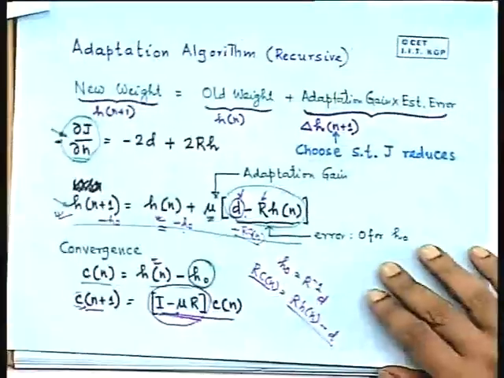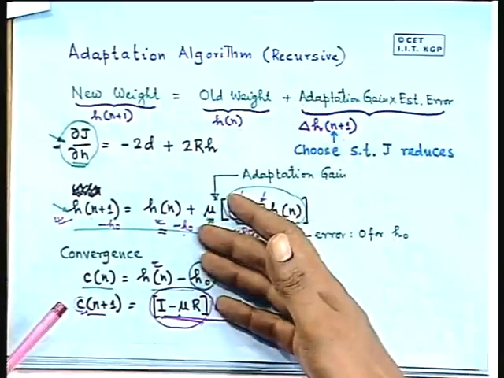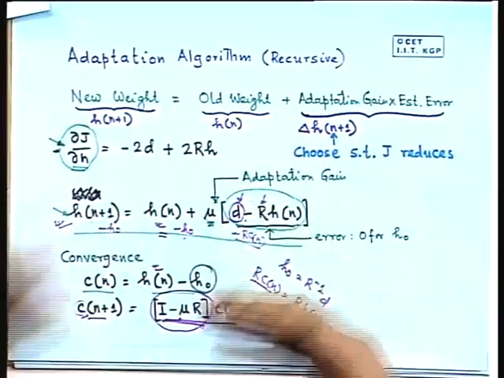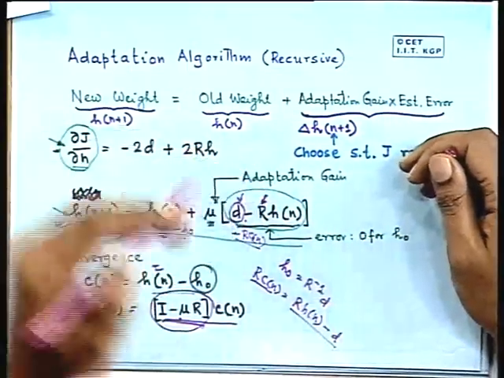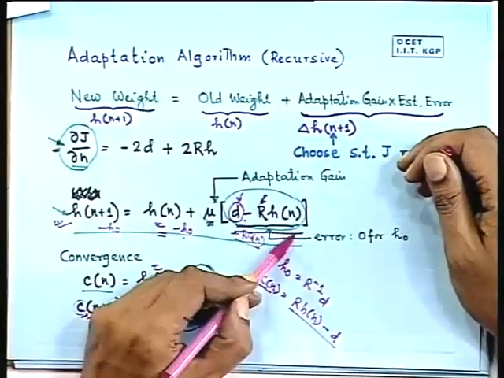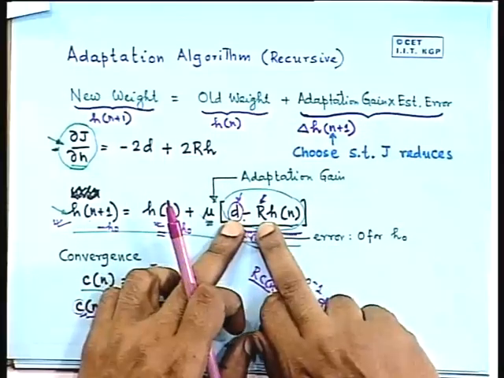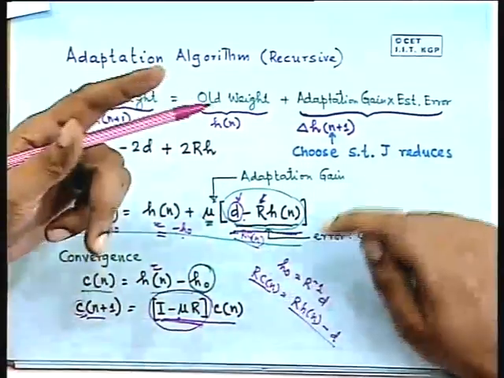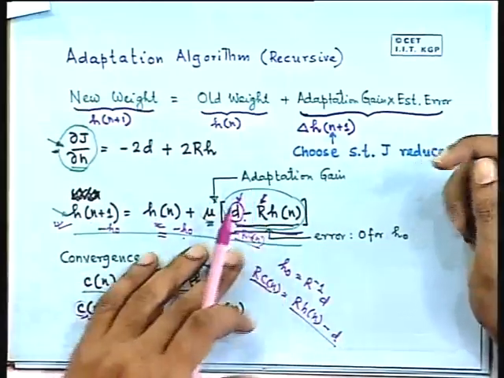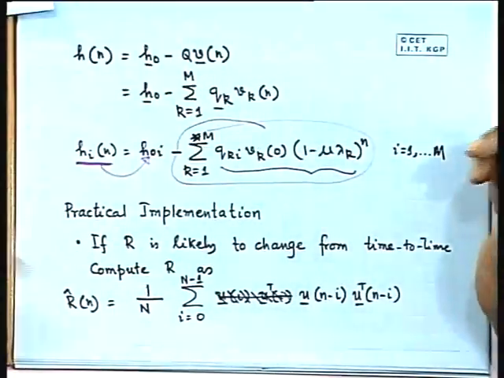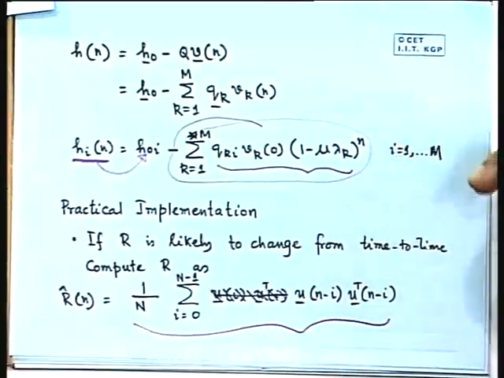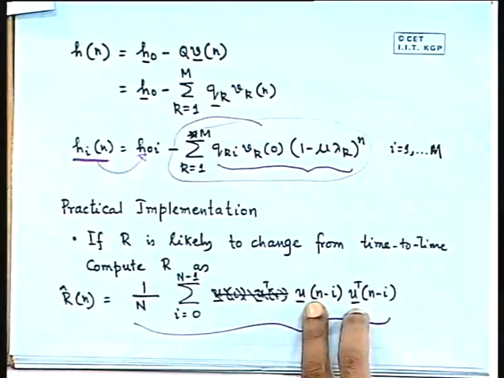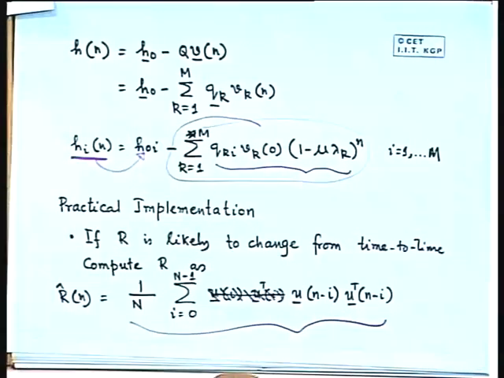Later on we'll see, in fact in the next algorithm, how this computation itself is simplified. Now you still have to compute R. Remember that the computation is not only this; it is this provided you know R and D. But if you want to simultaneously update R and D, how do you do it? The absolutely simplistic way is to calculate U transpose U for the last n samples and just simply take an average.